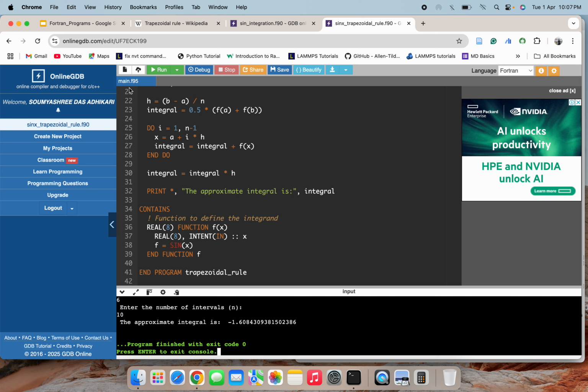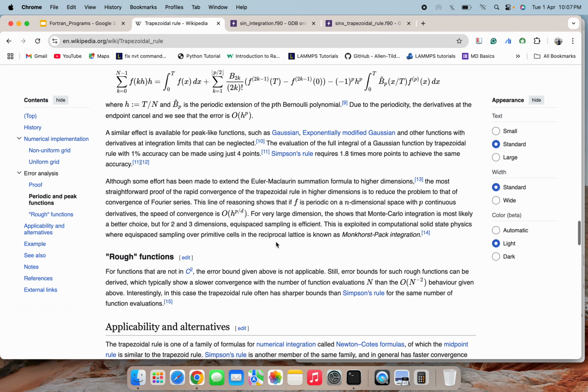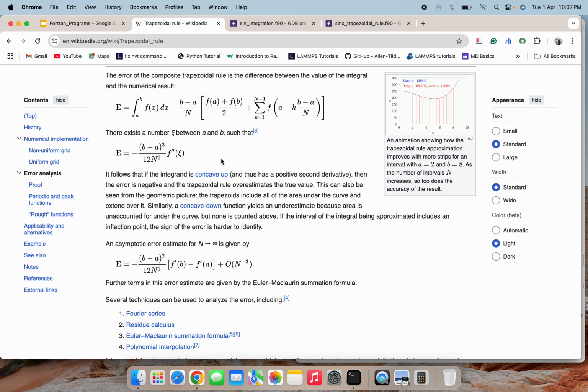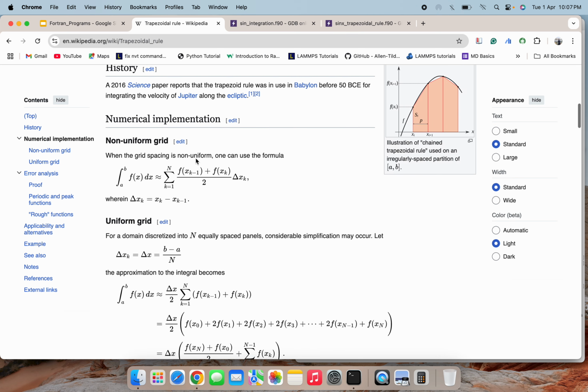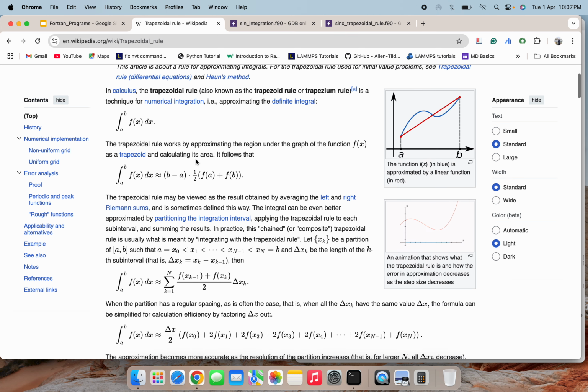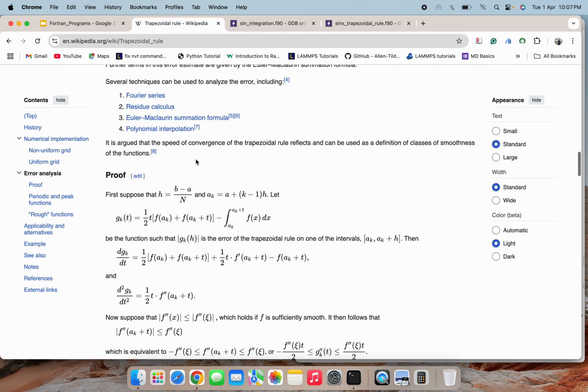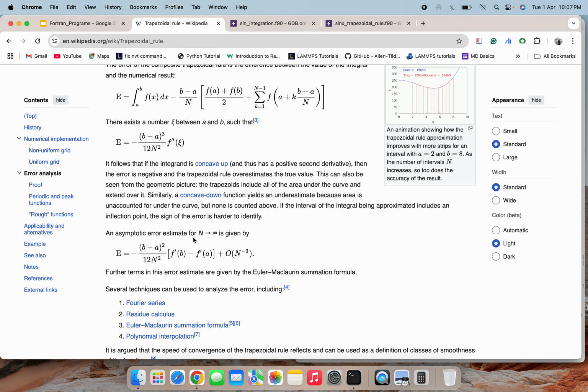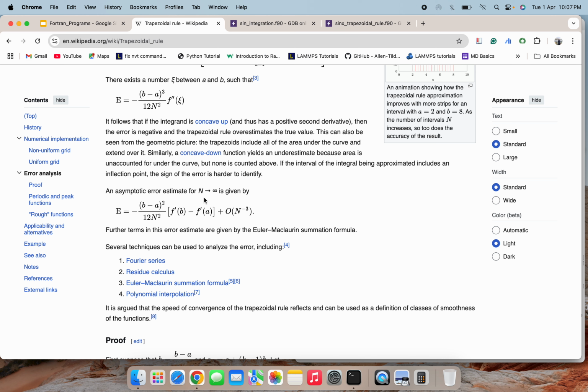There is also another formula to find the error in the trapezoidal rule, that you can find from here, how to find the error during this trapezoidal rule calculation. Yeah, so here the asymptotic error, estimated for n tending to infinity, is given by (b minus a) squared divided by n squared.